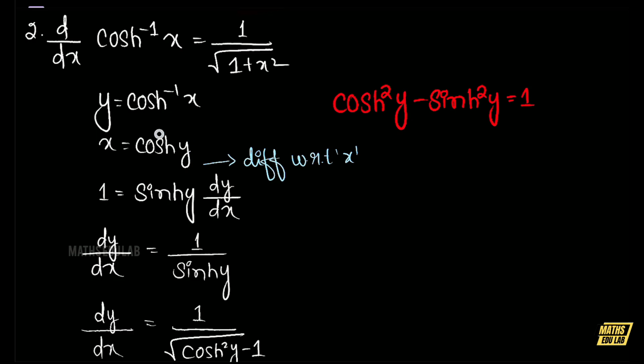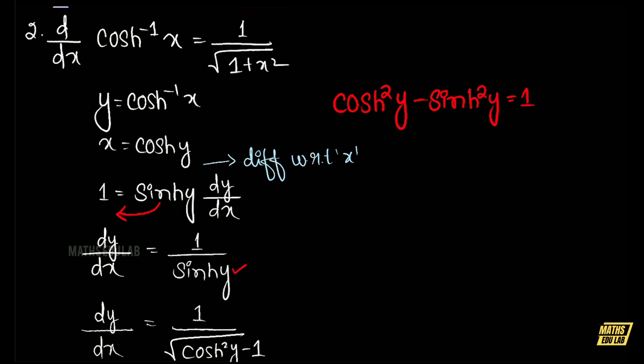The derivative of cos hyperbolic y will be sine hyperbolic y dy by dx. After that, if I change this value to the other side, I can write dy by dx is equals to 1 upon sine hyperbolic y.